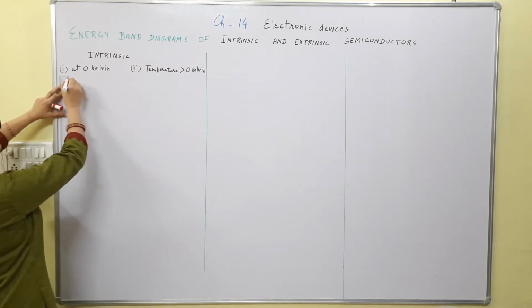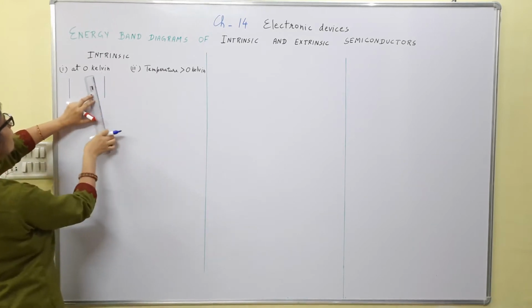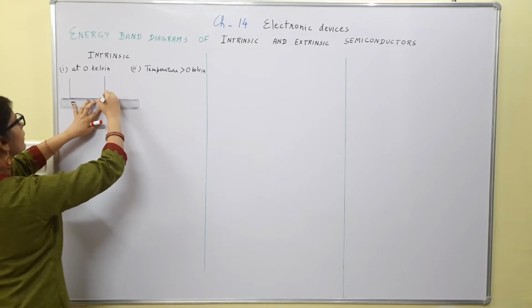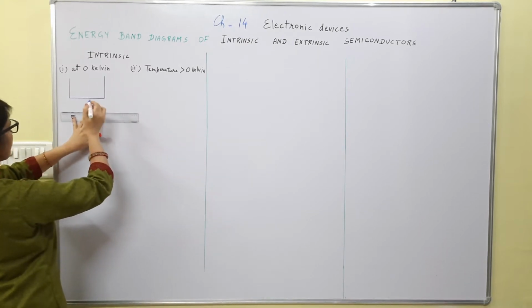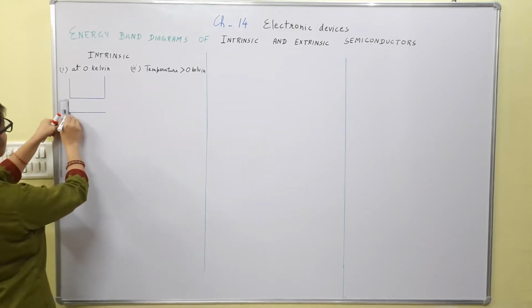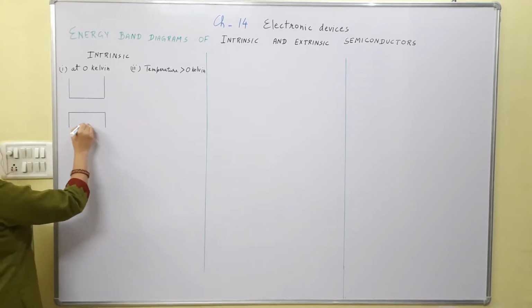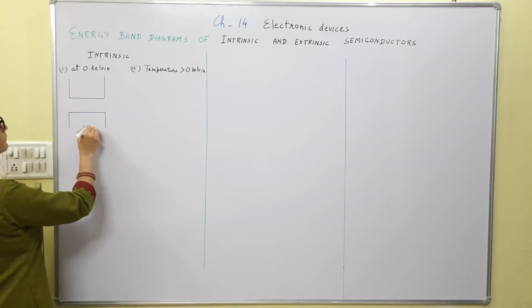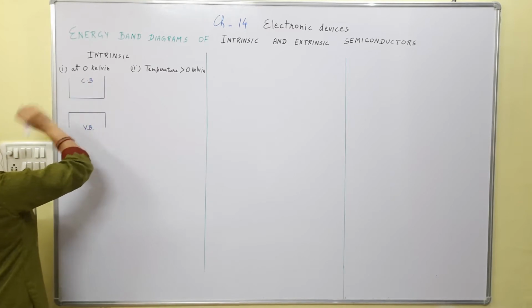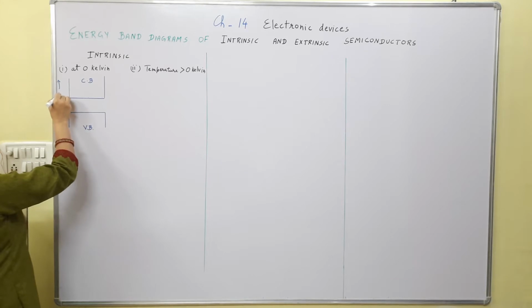So for the first case, if we talk about the conduction band here, and valence band here, and we know that this is increasing energy.